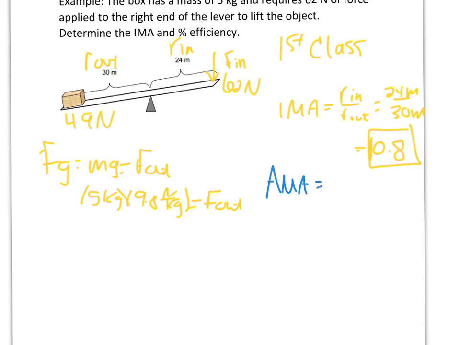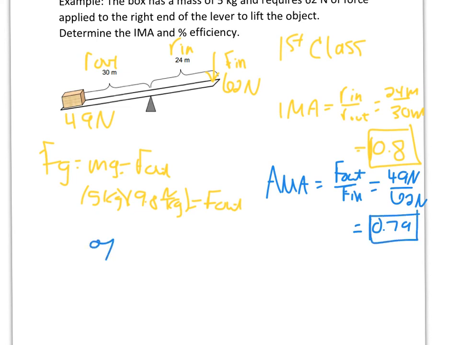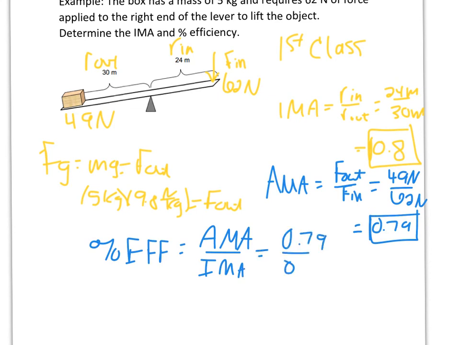So AMA equals F out over F in, which would equal the weight of the mass, 49 newtons, over the input force, 62 newtons, and that gives us 0.79. So for percent efficiency, AMA over IMA equals 0.79 divided by 0.8, and we get 98.8% efficient.